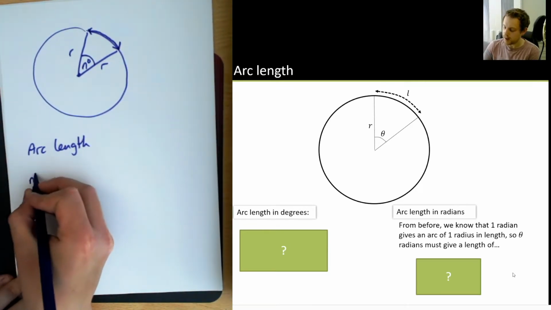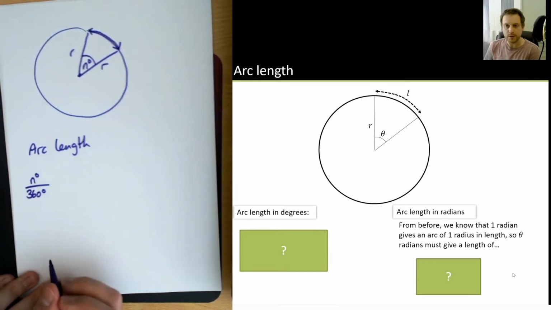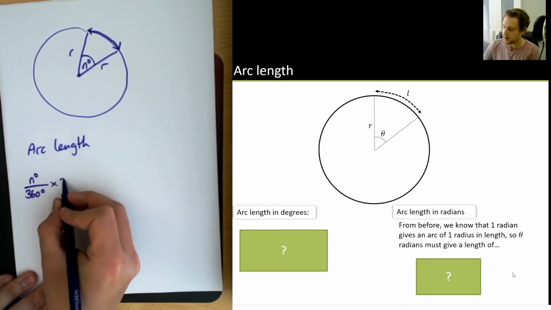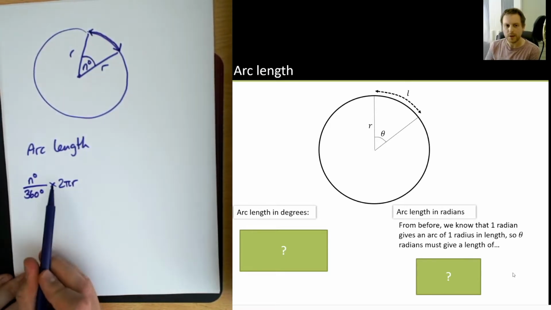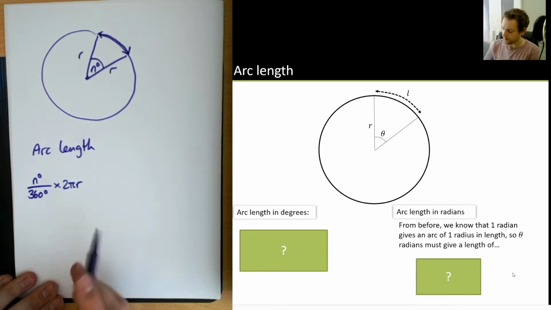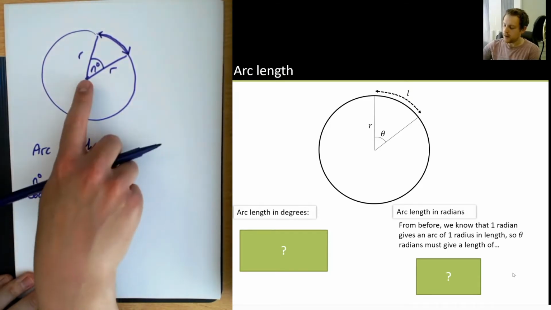And how you did that back at GCSE was n degrees out of 360 degrees multiplied by 2 pi r, the circumference length.